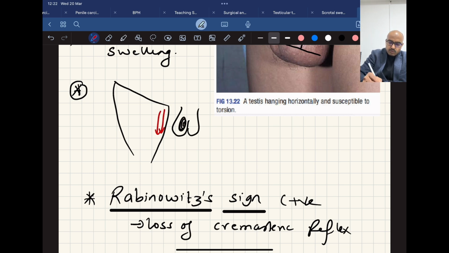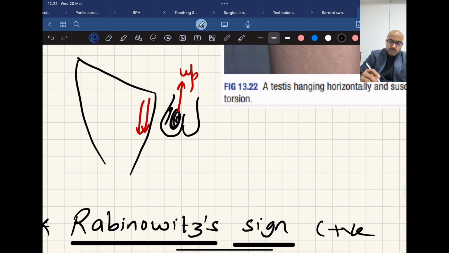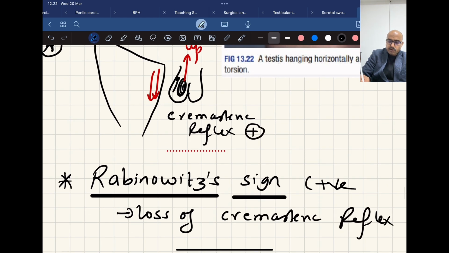If you stroke the medial aspect of the thigh by finger, the testis will be lifted up because there is a cremasteric muscle which will pull the testis upward. This is known as cremasteric reflex. This is normal. It is always present there.